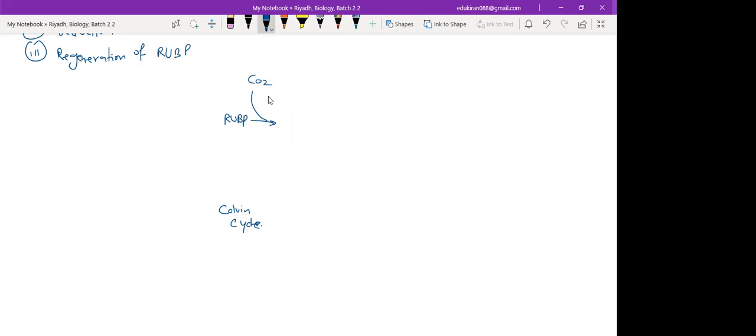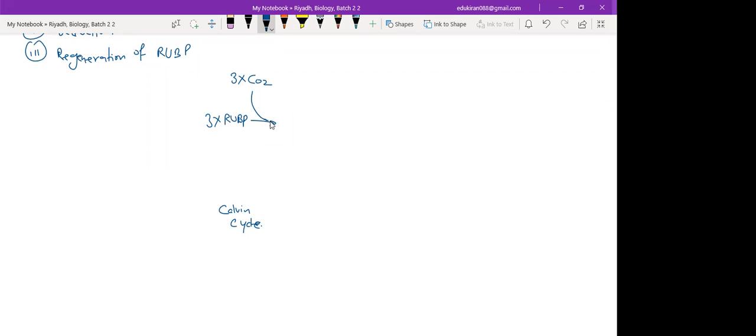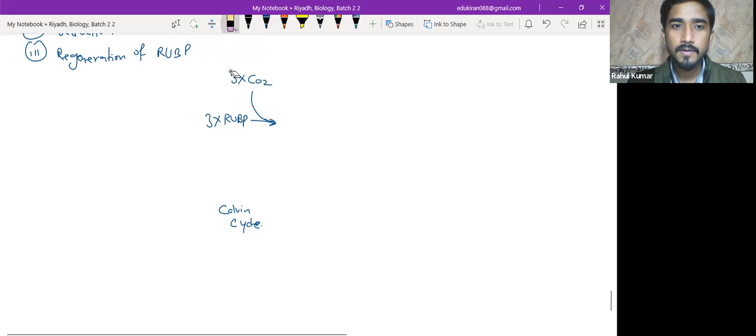To begin with, there are 3 molecules of RuBP from where the reaction starts, and 3 molecules of CO2. 1 molecule of RuBP takes 1 molecule of CO2. Is it clear? Yes, sir. Now, let me not take 3 in the beginning, otherwise you will get confused. Let's start with 1 only.